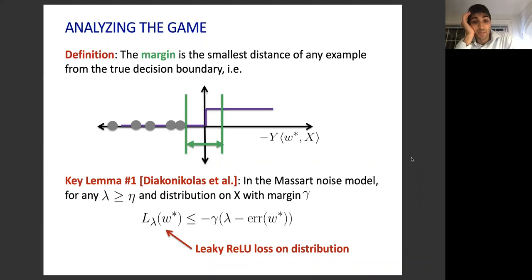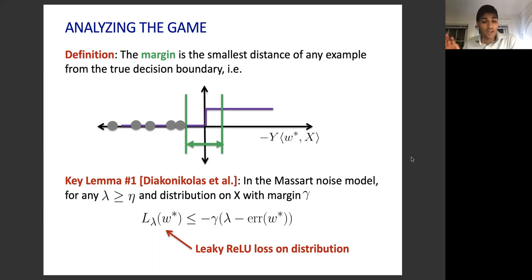One of them is very simple. In fact, it was already in the earlier work. What I claim is that in the Massart noise model, if you choose this Leaky ReLU parameter lambda to be at least as large as the parameter eta, and the distribution on x's has this margin gamma, then I can show that the Leaky ReLU loss for the true hypothesis W star, the true halfspace, is negative.